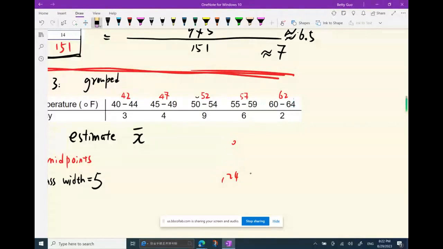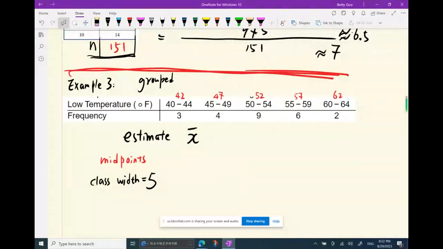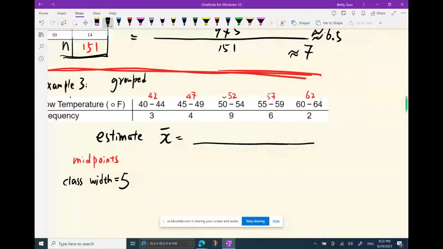So if we are given a grouped frequency distribution table and we are going to estimate the mean, this is what we do. We firstly find those midpoints, and then we multiply those midpoints with their corresponding frequency.